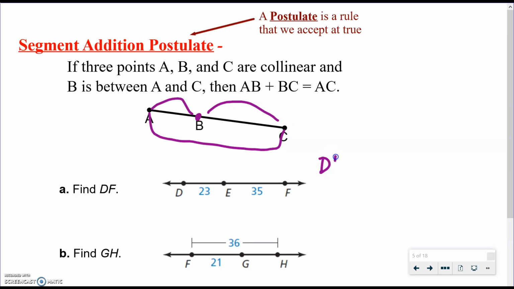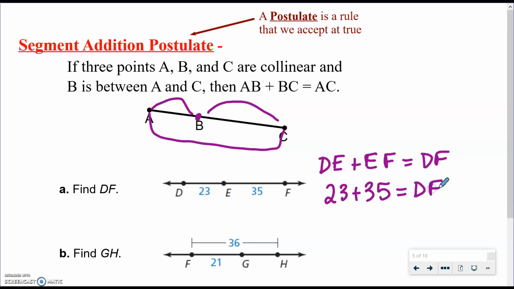So we know that DE plus EF equals DF. So we're going to substitute the length of DE in and substitute the length of EF in. And then we get that DF is equal to 58.